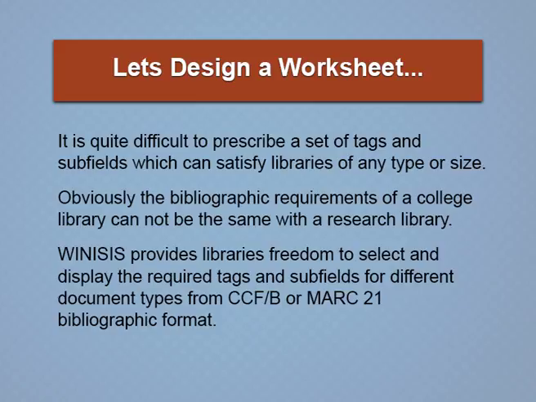And WINNIS actually gives libraries the freedom to apply any field, and under the field any number of subfields, and any number of subfields can be repeatable, but you need to be guided by the CCF B manual, whether a particular field is mandatory or optional or repeatable, and whether it is guided by any coded values or not.